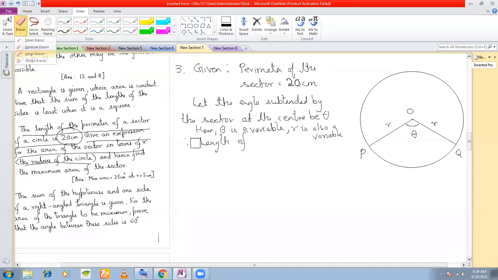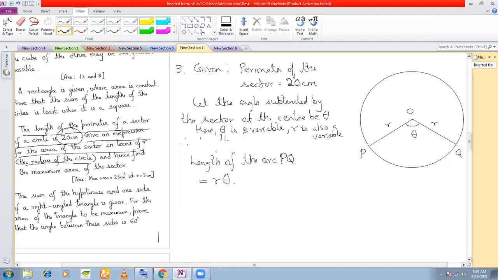So the length of the arc. If you remember from your first chapter in trigonometry, when I started in class 11, I told you that if the radius is given, and if theta is in radians, then the length of the arc, not arc AB, this is PQ, the length of the arc PQ is R theta.